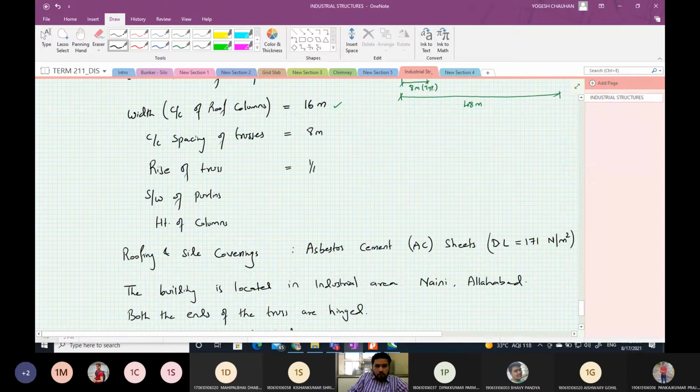Rise of the roof truss is 1/4 of the span. Weight of purlin is 318 Newton per meter, and height of the column is 11 meter.